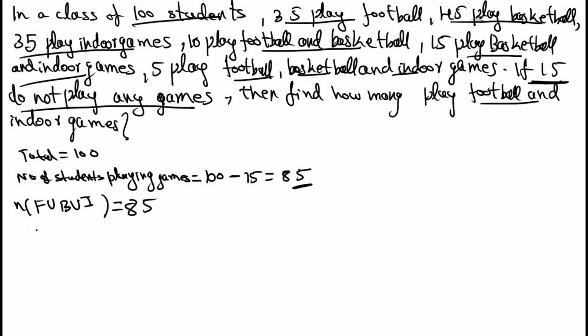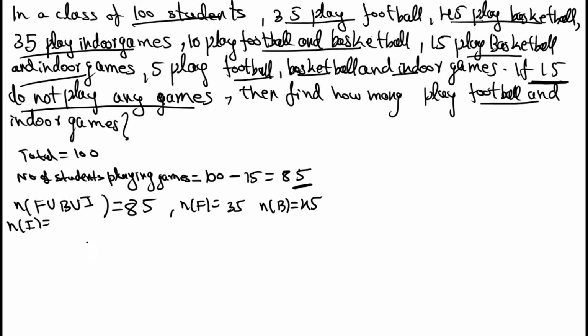Continuing: n of F, the number of students playing football, is equal to 35, the number playing basketball n of B is equal to 45, and the number playing indoor games n of I is equal to 35.